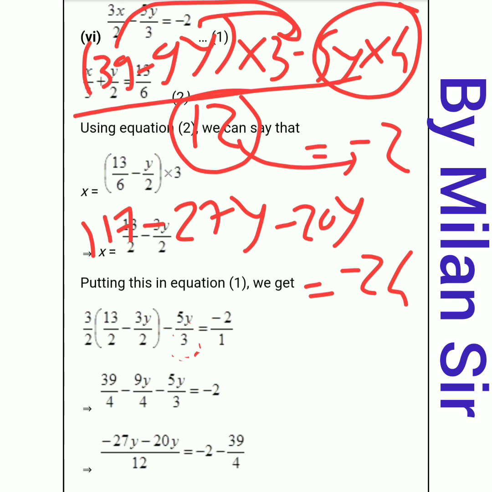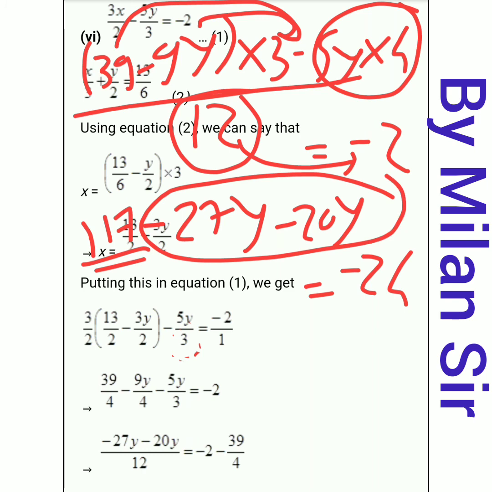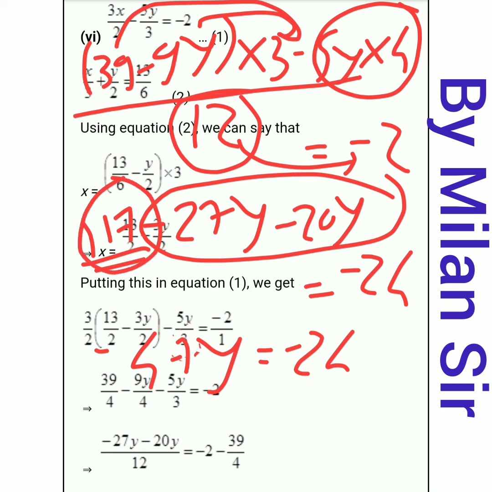Then for finding out y, just transfer this 117 to the right hand side. So in left hand side we have these two things, minus 27y, minus 20y. So minus minus plus, 27 plus 20, 47. So minus 47y. Here we have minus 24 in right hand side, and we transfer 117 to the right hand side, it becomes minus 117, right?